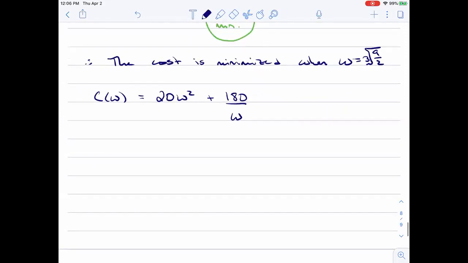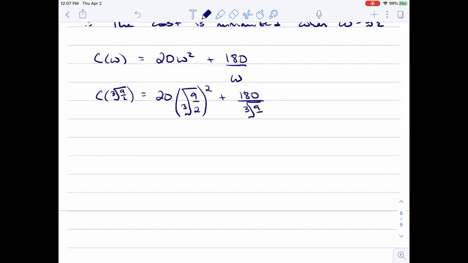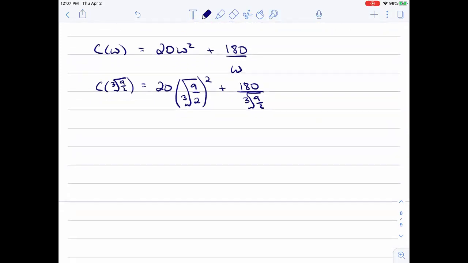So what we have is the cost at the third root of 9 over 2 is 20 times the third root of 9 over 2 squared plus 180 over the third root of 9 over 2. A little bit nasty, but what we get is that the cost is approximately 163.54, and it's a cost, so it's in dollars.